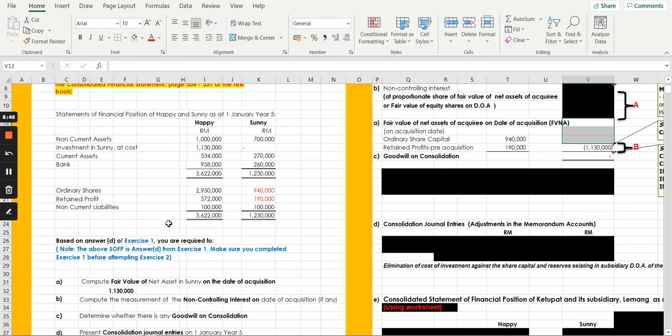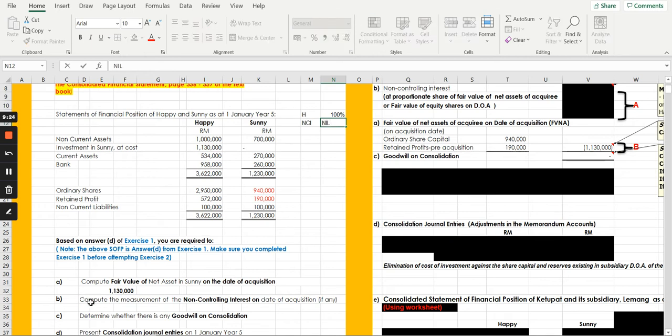Next, you are asked to compute the measurement of the non-controlling interest on the date of acquisition, if any. If you can recall earlier, in our acquisition of SANI, holding had 100% shareholding, and if holding has 100%, that means the non-controlling shareholder, or the non-controlling interest, which is the same thing, has none.